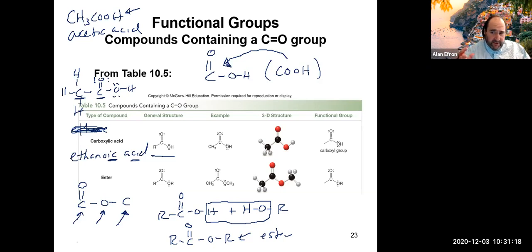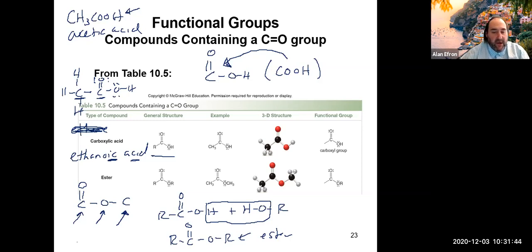A lot of esters are responsible for a lot of the smells that we associate with things, like pineapple smells and oil of wintergreen and that type of smell. So a lot of esters that you form through, say, an esterification reaction are responsible for a lot of the fragrances that we smell in foods, bananas and all those types of smells.